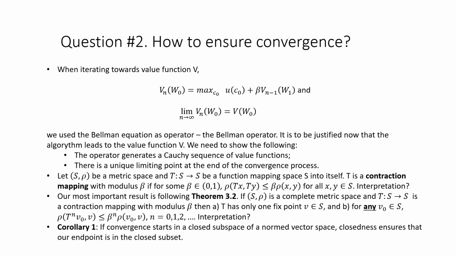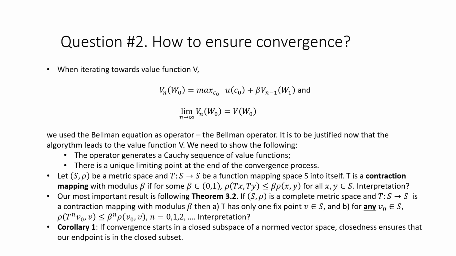If you have 2 points, after applying an operator which is a contraction mapping, you will have 2 points, but the distance between these resulting points will be smaller than the distance was between the initial points.